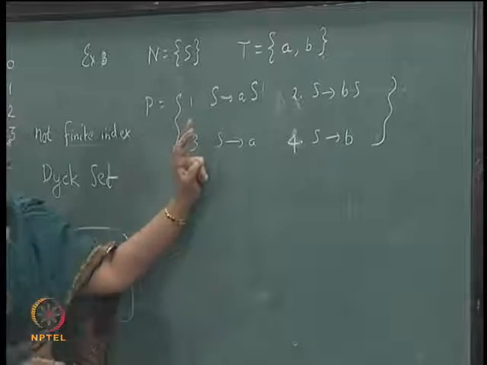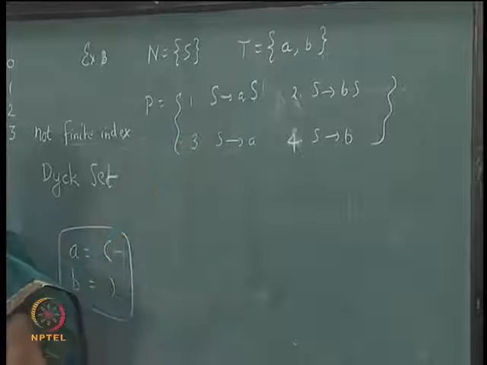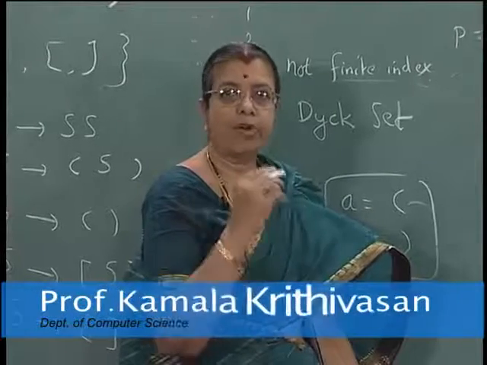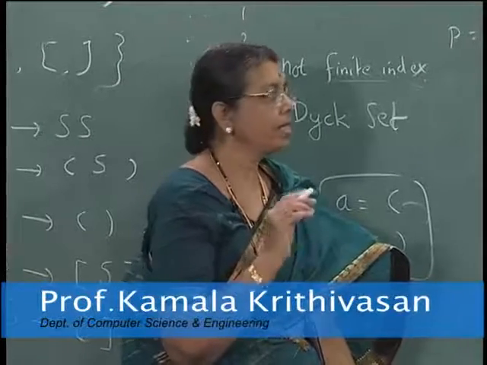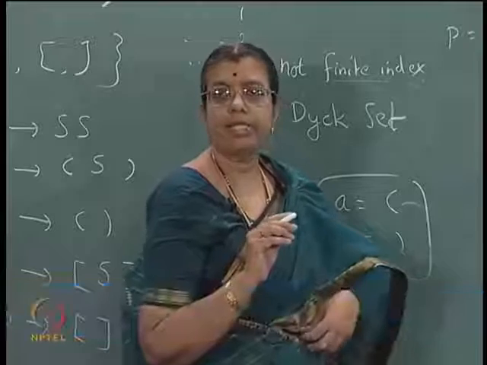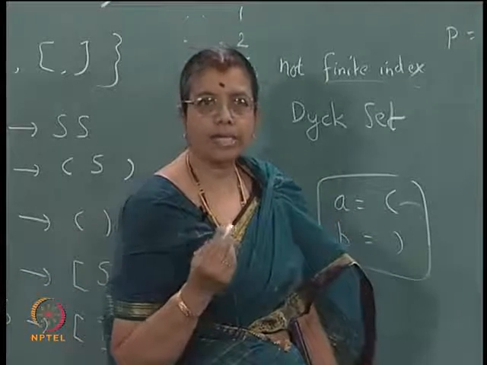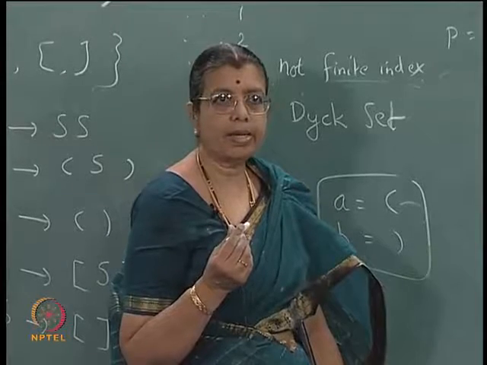On the left hand side you are having a single non-terminal. On the right hand side you are having a terminal symbol followed by a non-terminal or just a terminal symbol. So this is a type 3 grammar. And what sort of strings will be generated in this grammar?